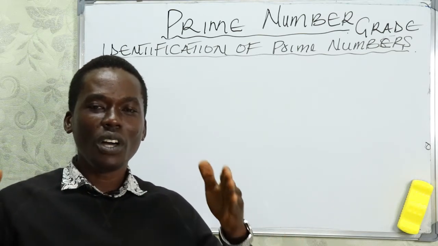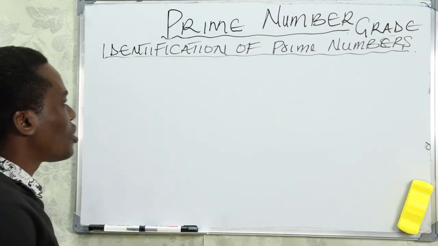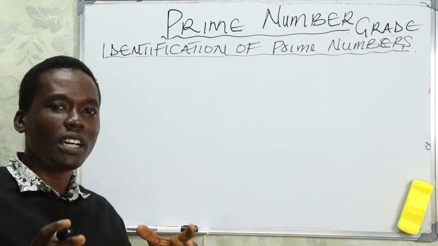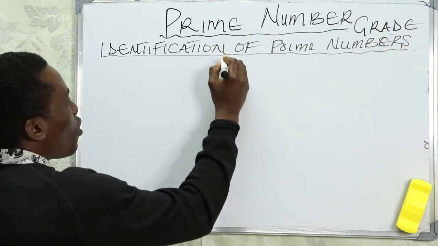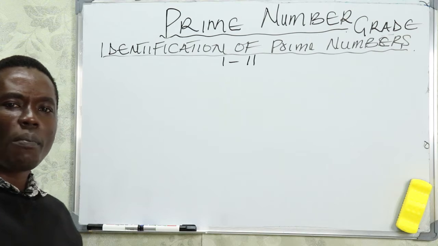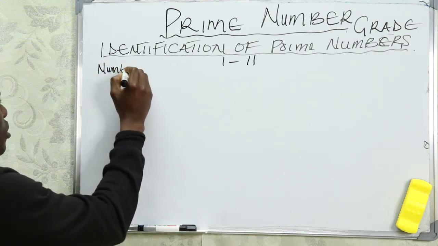Now let's look at the numbers 1 to 11 under different subheadings. How do we go about doing this? We have our numbers, and I want you to tag along with me.